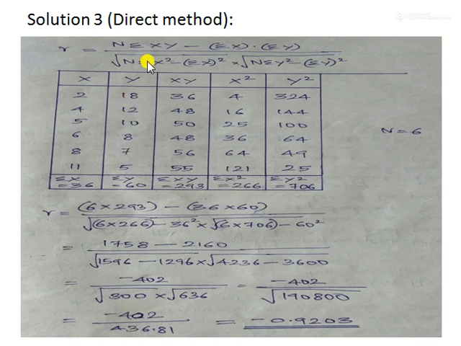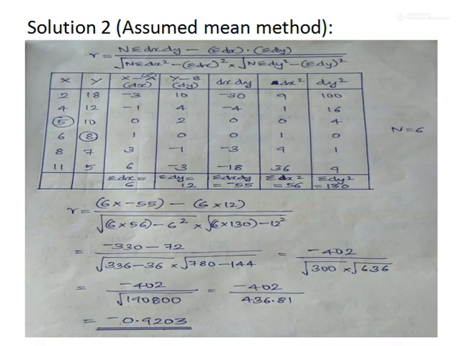All the required values such as sigma xy, sigma x, sigma y, sigma x square and sigma y square can be obtained by constructing this table, and the values can be inserted in this formula, and thus we get R equal to minus 0.9203.